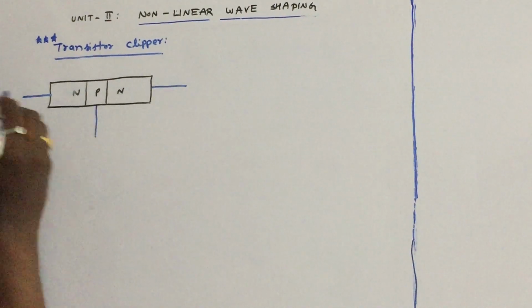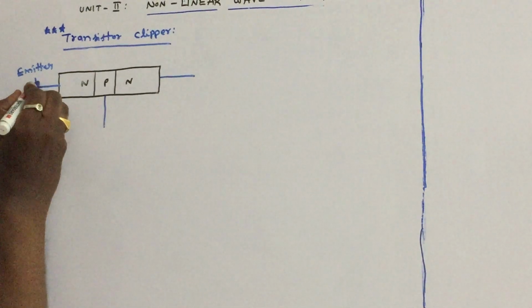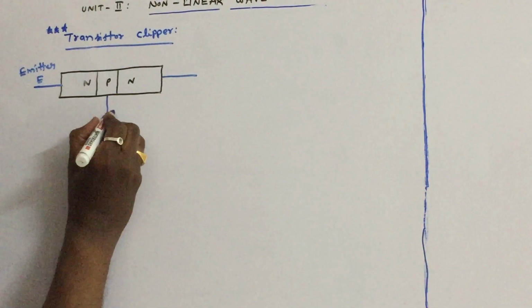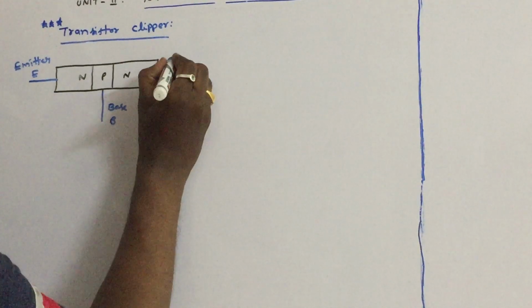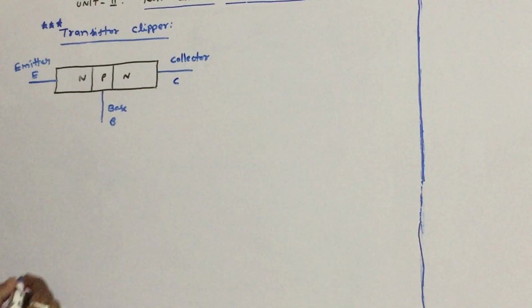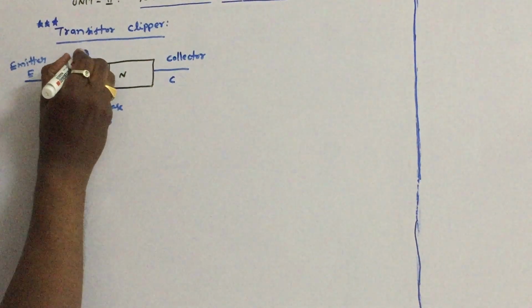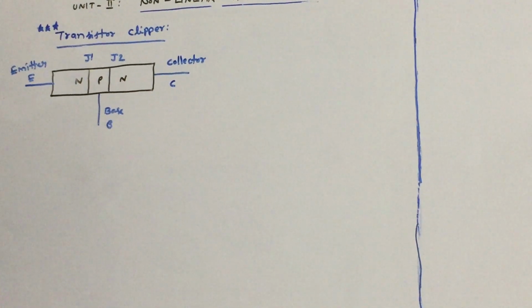As you know, this terminal is the emitter terminal E. This is your base terminal, B. This is your collector terminal, C. It consists of two junctions, J1 and J2. As you know, the transistor consists of two junctions, J1 and J2.